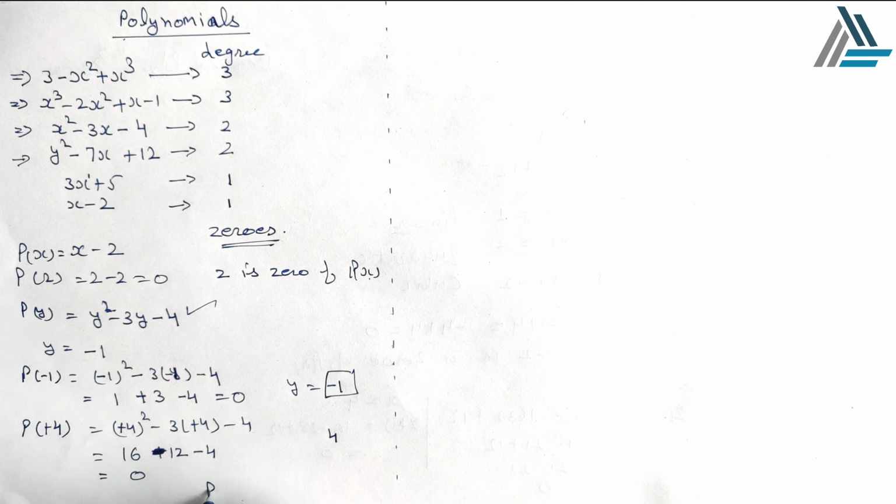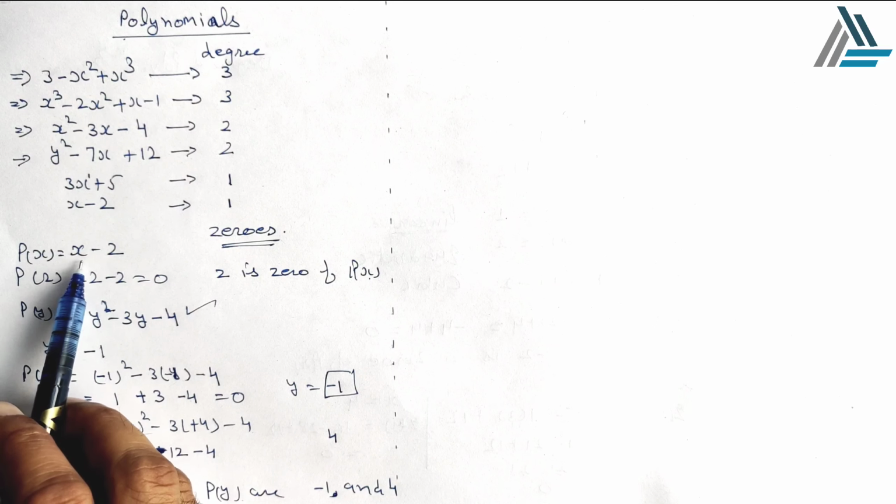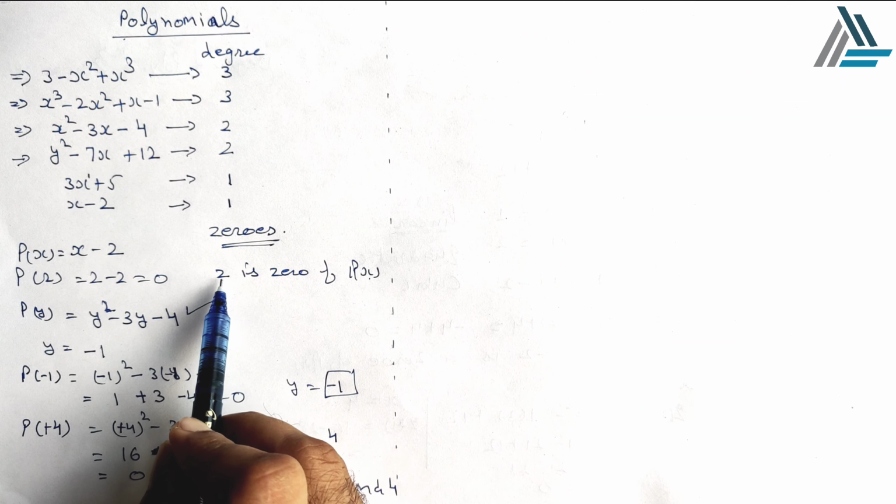Then the zeros of p(y) are minus 1 and 4. Here we also know that if a polynomial has degree 2, then it has 2 zeros. Look at this polynomial, its degree is 1, so it has only 1 zero, and that zero is 2.